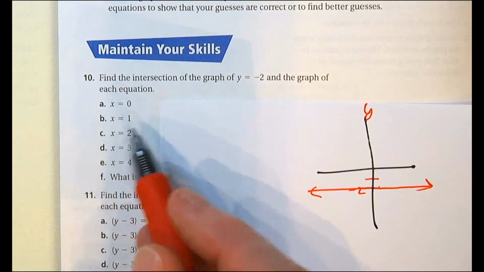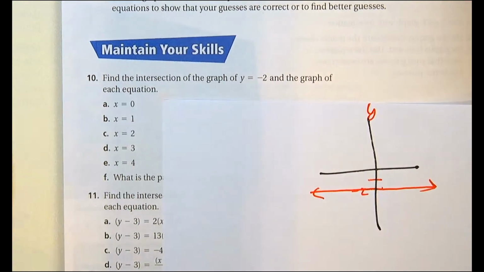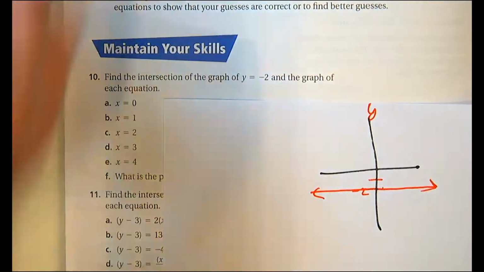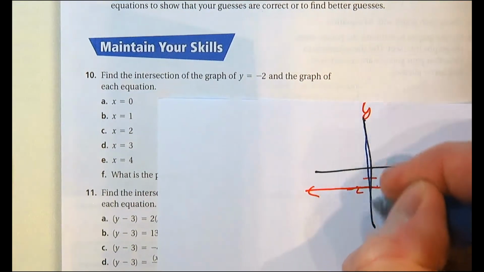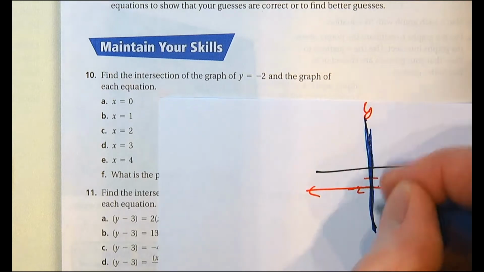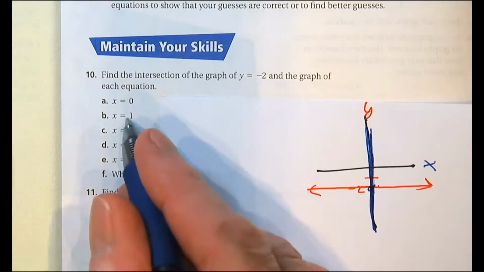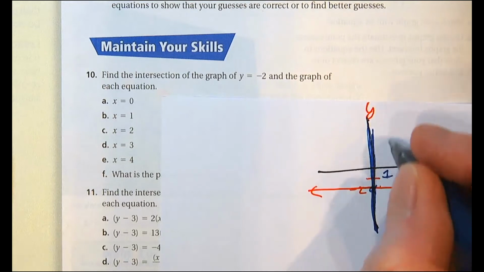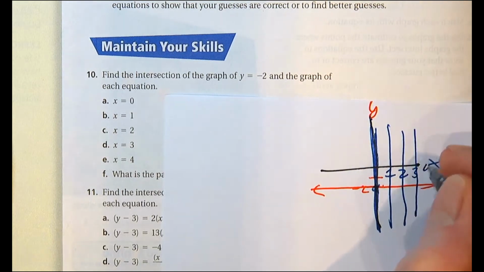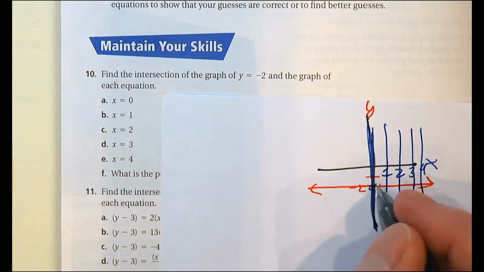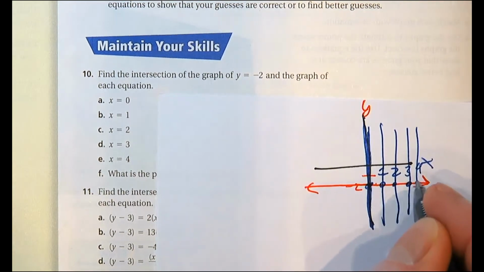And I said, okay, where's x is 0? Here's x is 0, right here, up and down. And x is 1, that's right here. And x is 2, and x is 3, and x is 4. So it looks like they touch here and here and here and here and here.